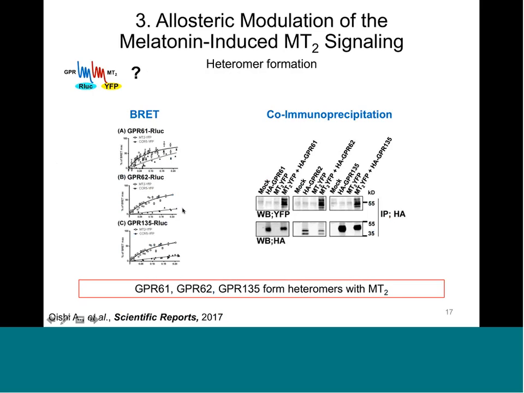This suggests GPRs and MT2 make heteromer as a specific combination. Co-immunoprecipitation also supports this heteromer formation. So this heteromerized GPRs and MT2 might be responsible for this allosteric modulation.